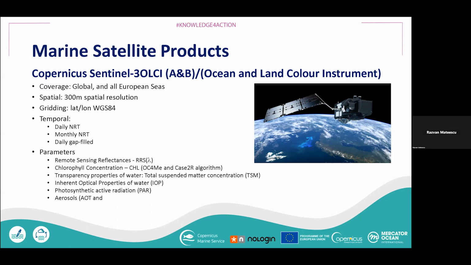in a latitude and longitude grid system, and temporal resolution of daily, monthly, or also interpolated daily depth field. As parameters, you may find the satellite provides remote sensing reflectance, chlorophyll concentration, transparency properties of the water, including total suspended matter concentration.